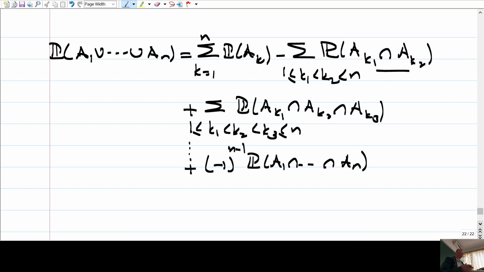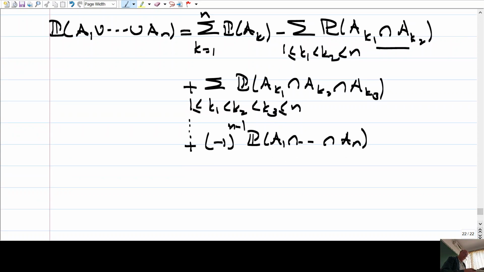I guess these properties are trivial when you, for example, consider the counting measure, right? You have a set, you have subsets, and you count the elements of the subsets. So P is the counting measure. Then these are kind of trivial properties.